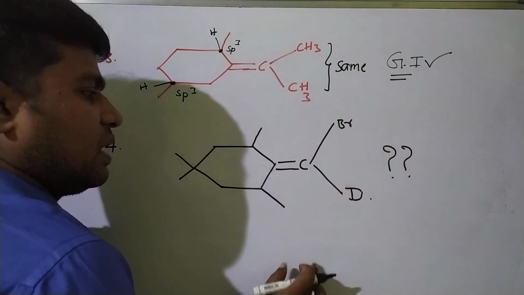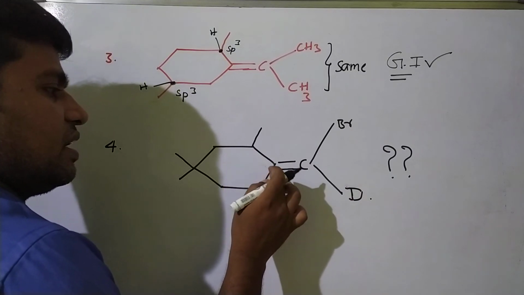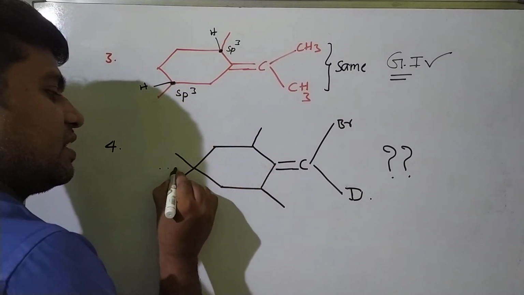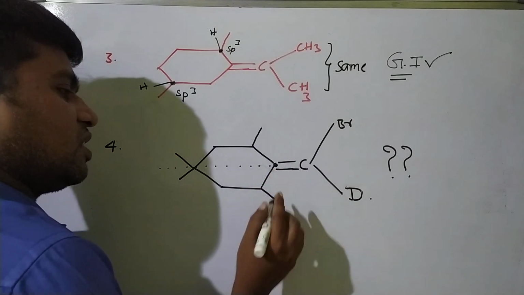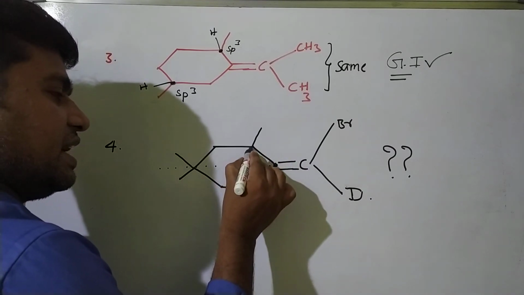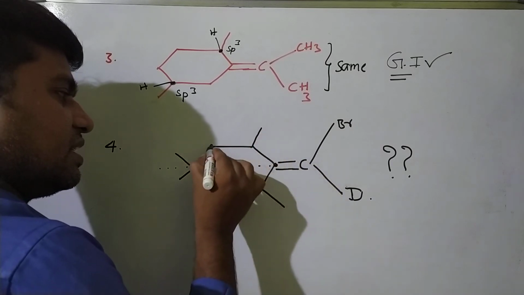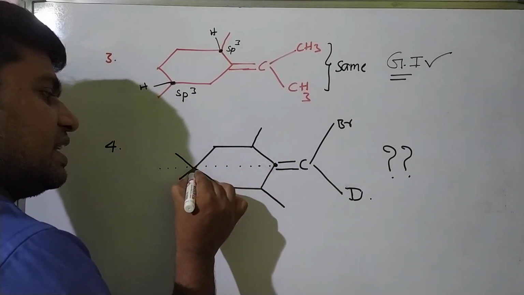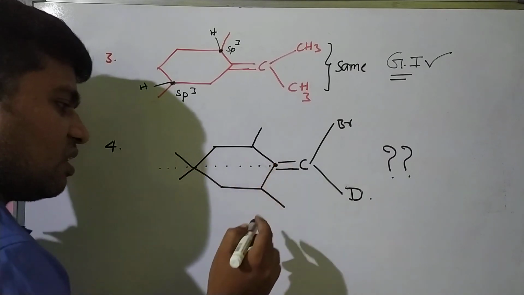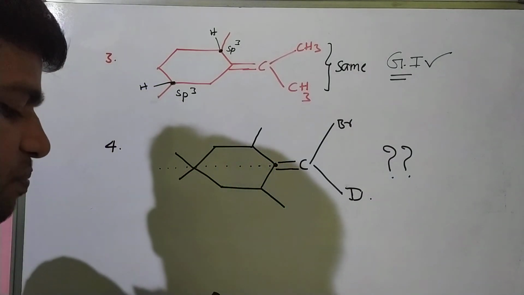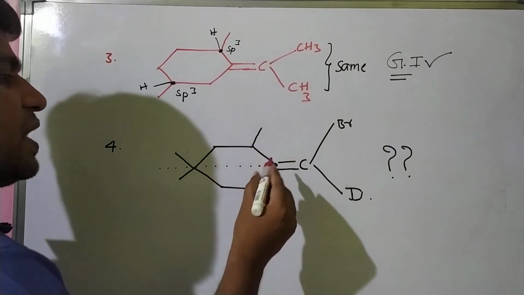Bromine, deuterium. Now this side, with respect to this double bond carbon: CH3, CH2, CH3, CH3. Now in this direction also, the same pattern of groups.